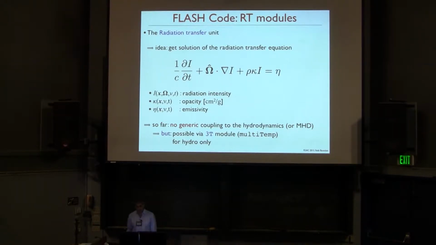This part is often omitted, and most of the magic in this equation resides in these opacities or emissivities, in these so-called material functions. You can place them like this, but a lot of the information is contained in these black boxes.